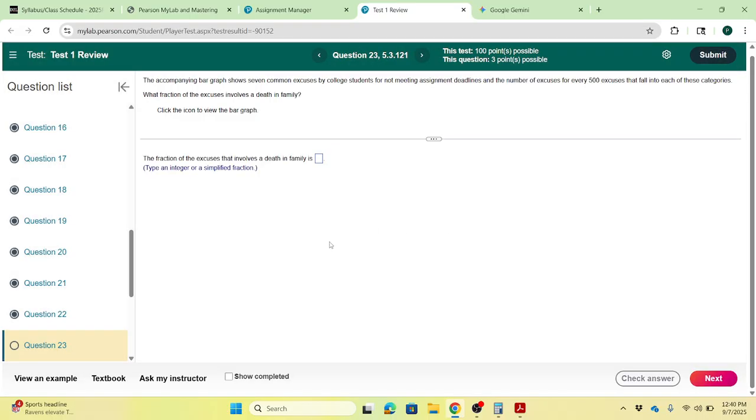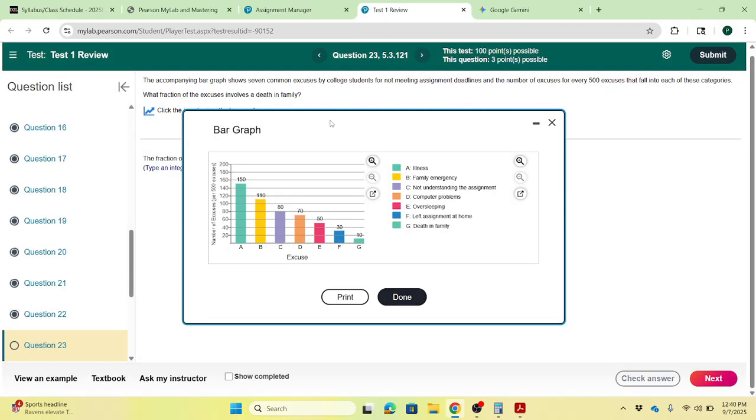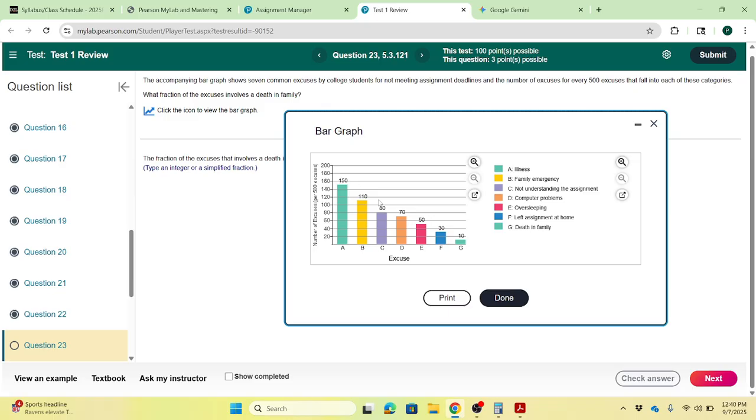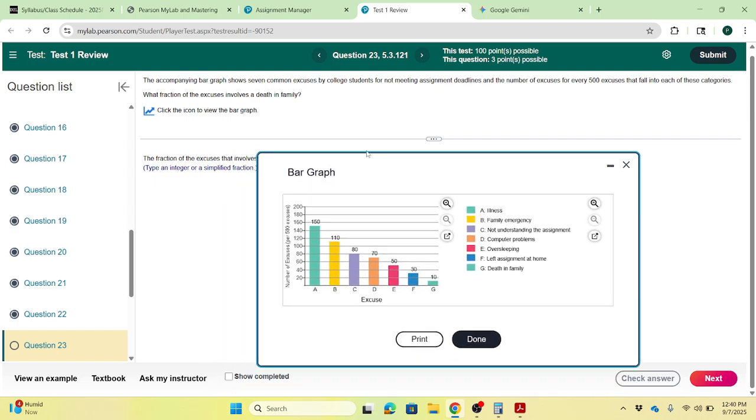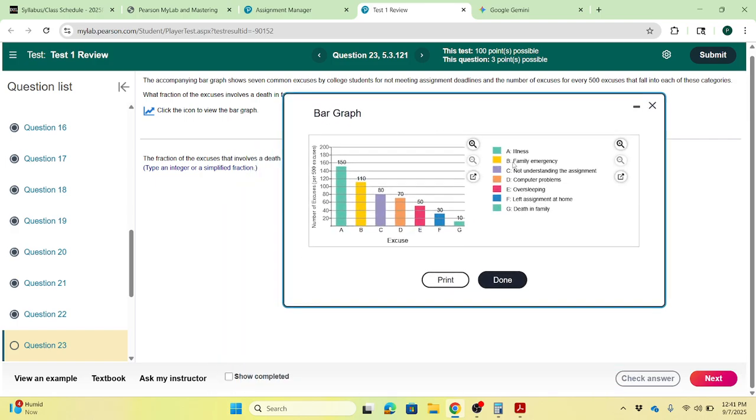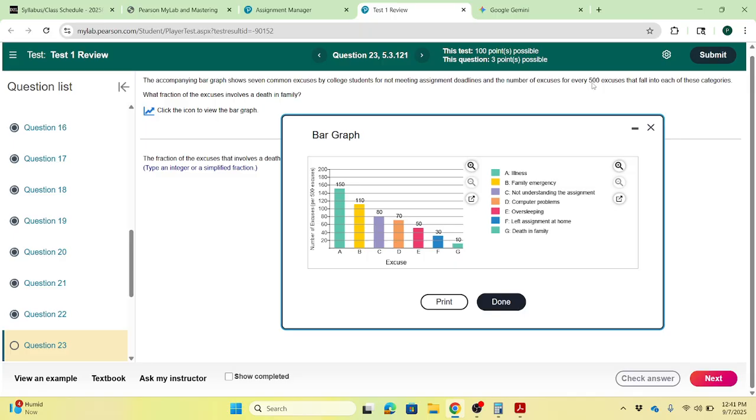Let's go to the next problem, question number 23. Look at the bar graph and answer the question. This is the data for the number of excuses. There are different types of excuses, and we need to find the fraction of the excuses that involve a death in the family. As you can see here, death in family is G, which is 10 out of how many? 500.